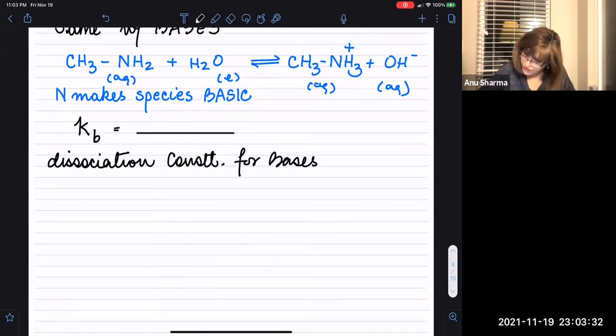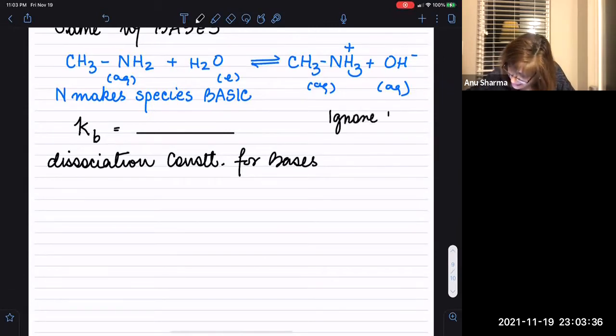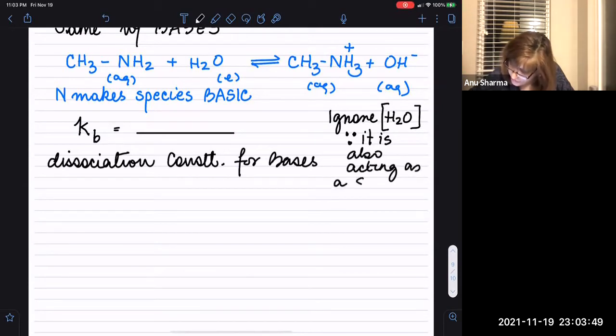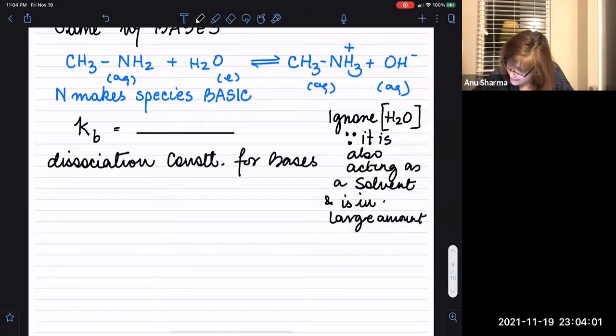Kb is equal to, here we are going to ignore the H2O concentration because it is also acting as a solvent and is in very large amount. Okay, so that is why, same story.